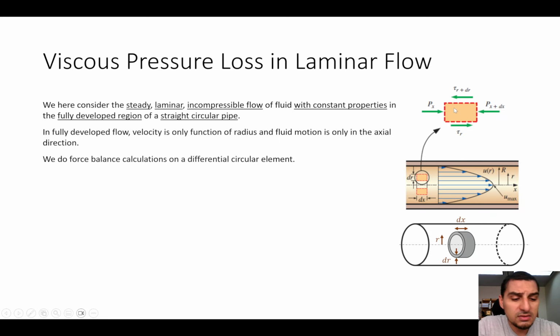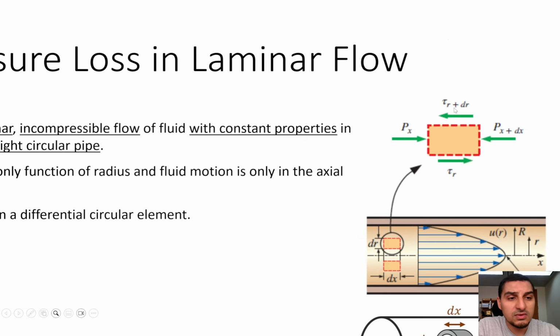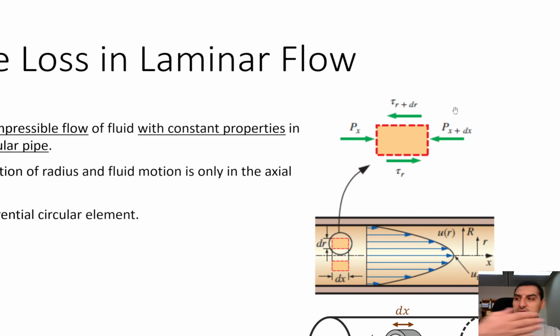And now we want to take a look at the forces acting on this element. Remember that the flow is only in the axial direction. So the flow will cause forces either on this surface or on this surface. What is acting on this surface is perpendicular to it, and the same here.